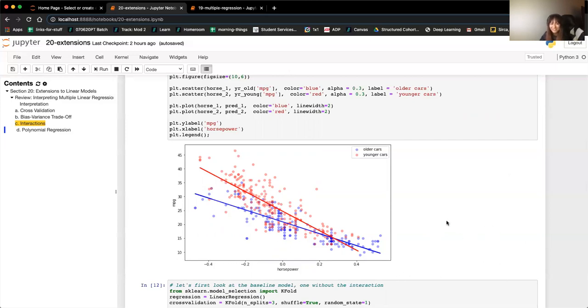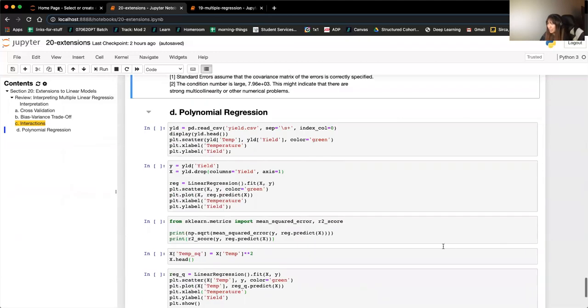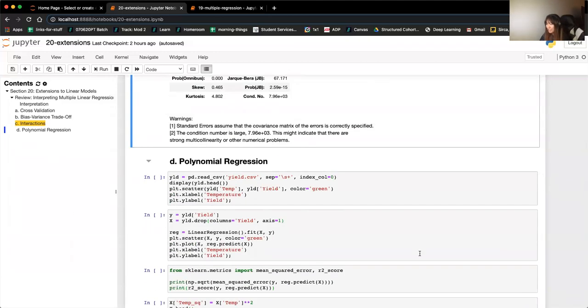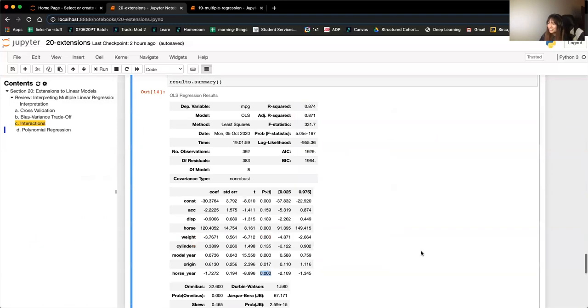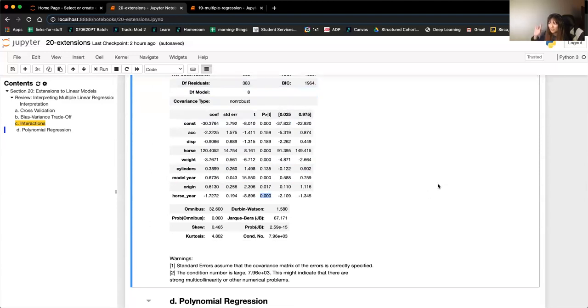Okay, cool. Before I end off, the very last section here is polynomial regression. As a precursor, imagine interaction variables, where we multiply variables together and say there might be a linear relationship between the dependent variable and a combination of variables.